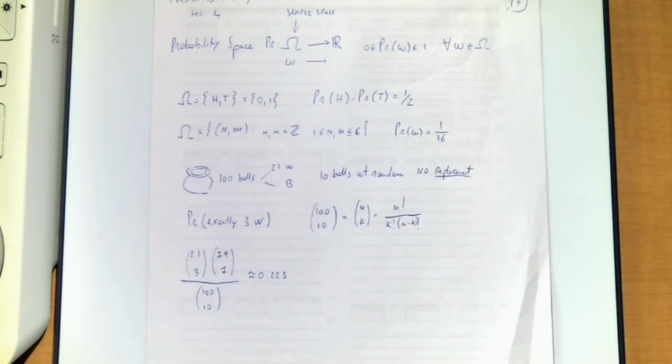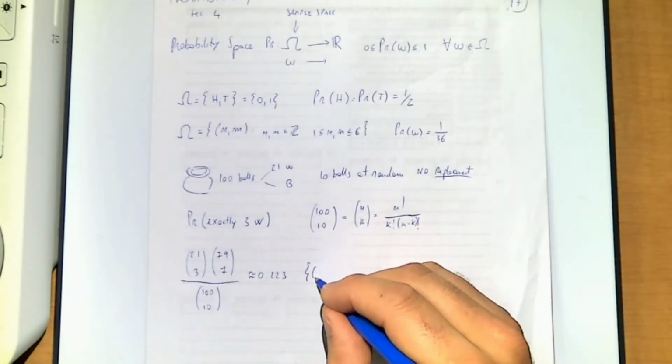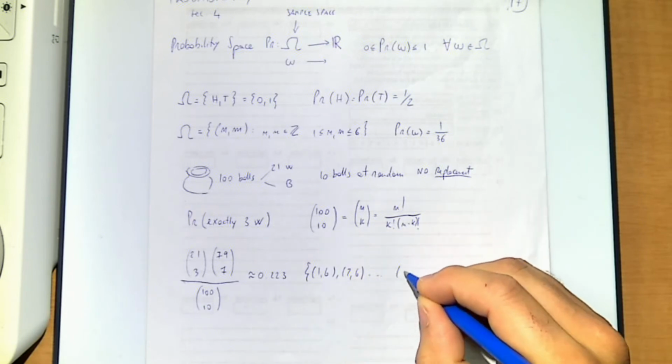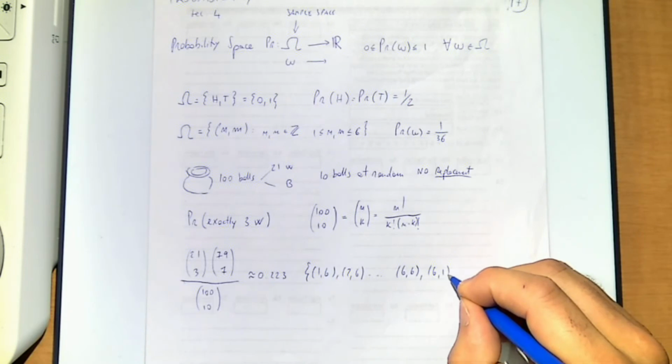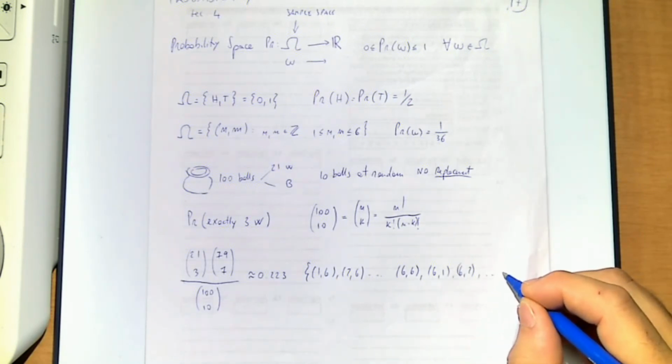And so, for example, we may be interested in the probability that at least one of the dice shows a 6, because a 6 is a success. Okay, and so what is this event? It is comprised of 1 6, 2 6, etc., up to 6 6, and then 6 1, 6 2, and so on, up to 6 5.